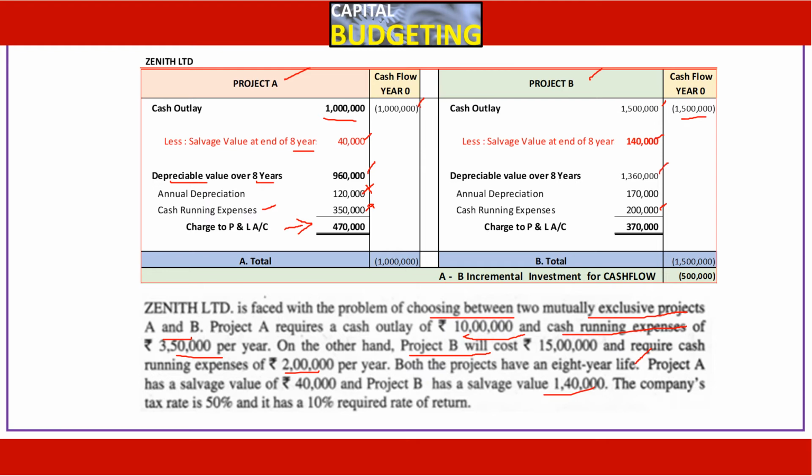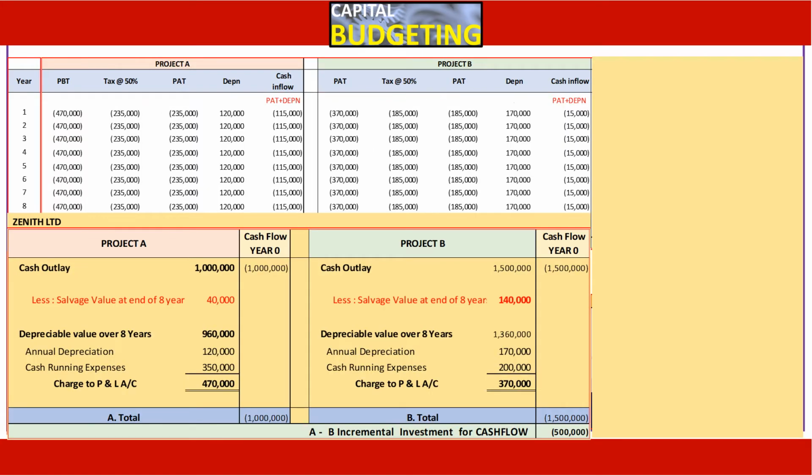Therefore, depreciation over 8 years is 13,60,000. When you divide by 8, annual depreciation is 1,70,000. Therefore, your charge to profit and loss account is 3,70,000 and 4,70,000 in respect of A and B. The company's tax rate is 50% and its rate of return or cost of capital is 10%. Let us go further.